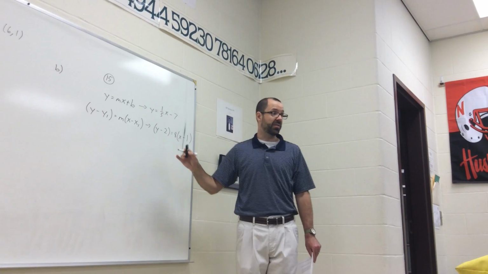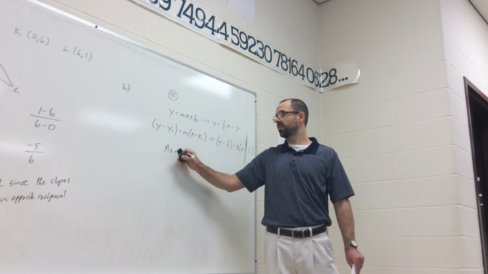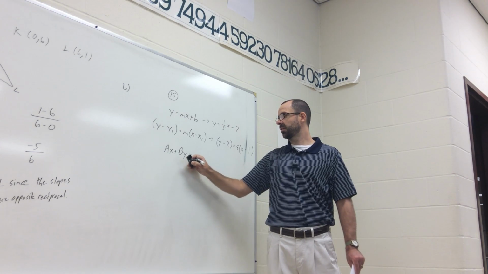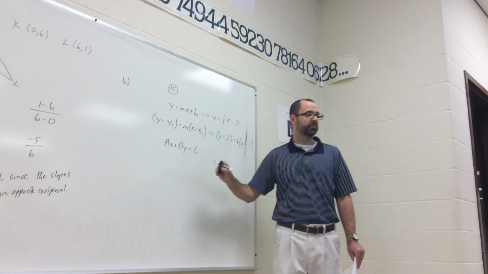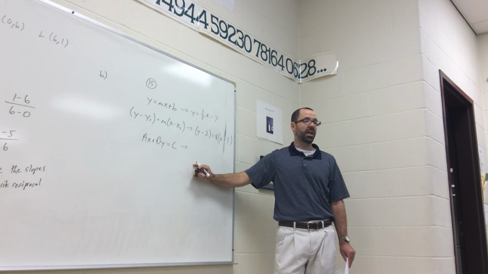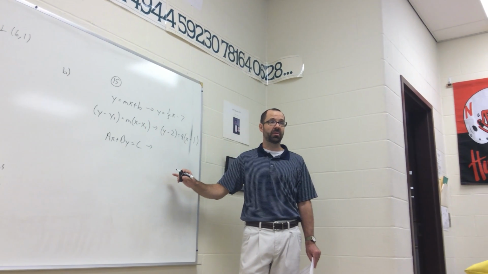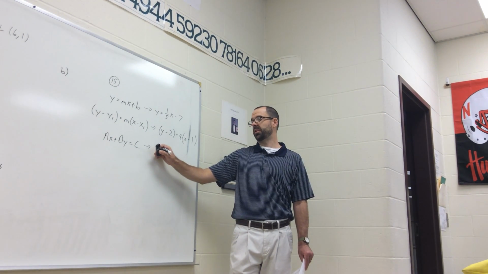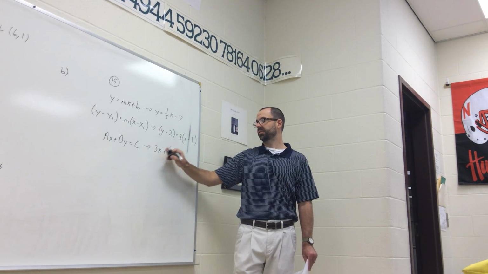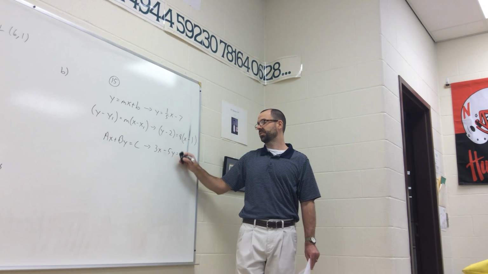Okay, then Jennifer's right. The last one is standard form, and that looks like ax plus by equals c. And in that case, the a and the b and the c are going to be numbers. So maybe the a is 3, and the b is -5, and the c is 12.